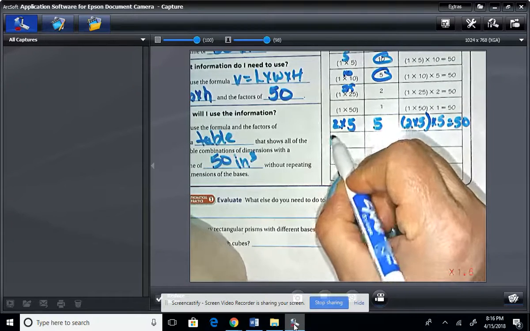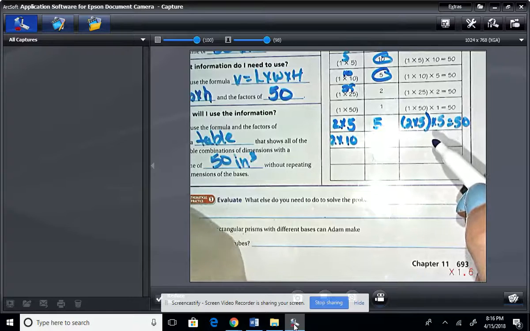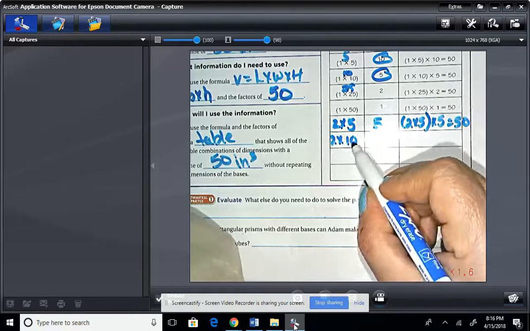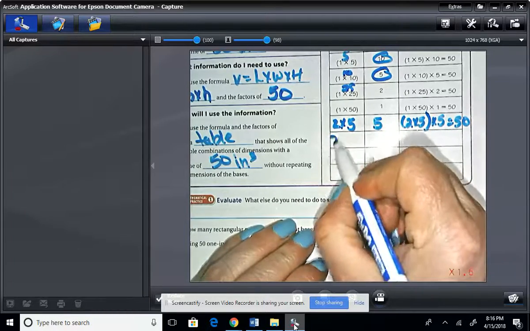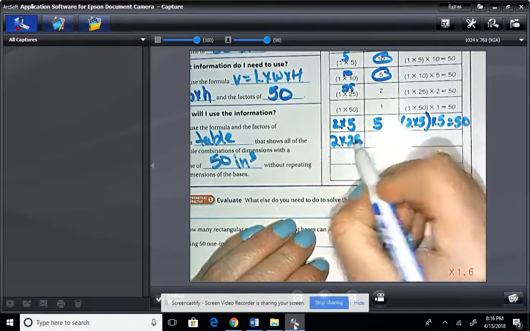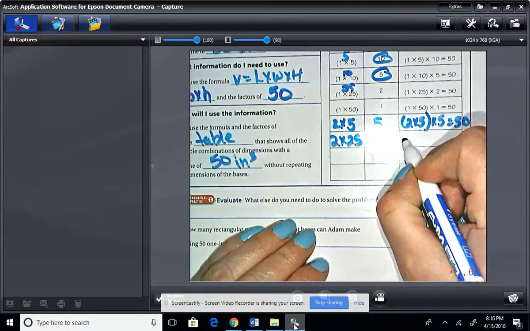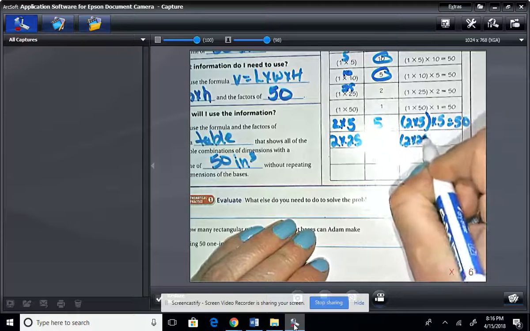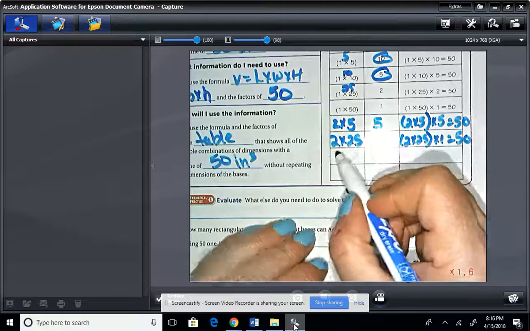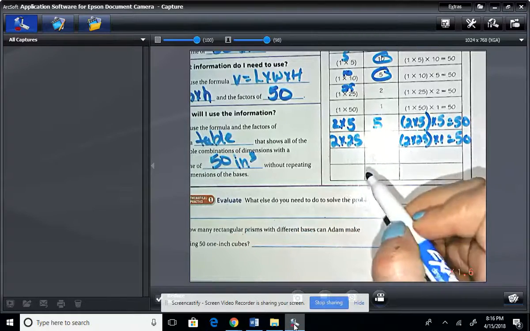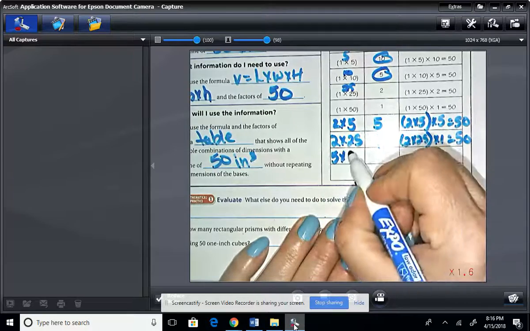Let's see, 2 times 10. 2 times 10 is 40. Nope. 2 times anything else. Oh, 2 times 25. That will get me to 50, and it will be 1 high. So 2 times 25 times 1 equals 50. There's all my 2s, 3s, no, 4s, no, 5, yep. 5 times 1.